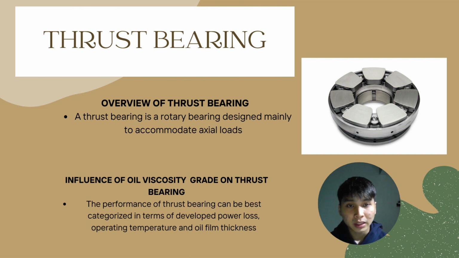Next, in this project, we will look into the influence of oil viscosity grade on thrust bearing. The performance of a thrust bearing can be best quantified in terms of developed power loss, operating temperature, and oil film thickness. These parameters are all affected by oil viscosity.